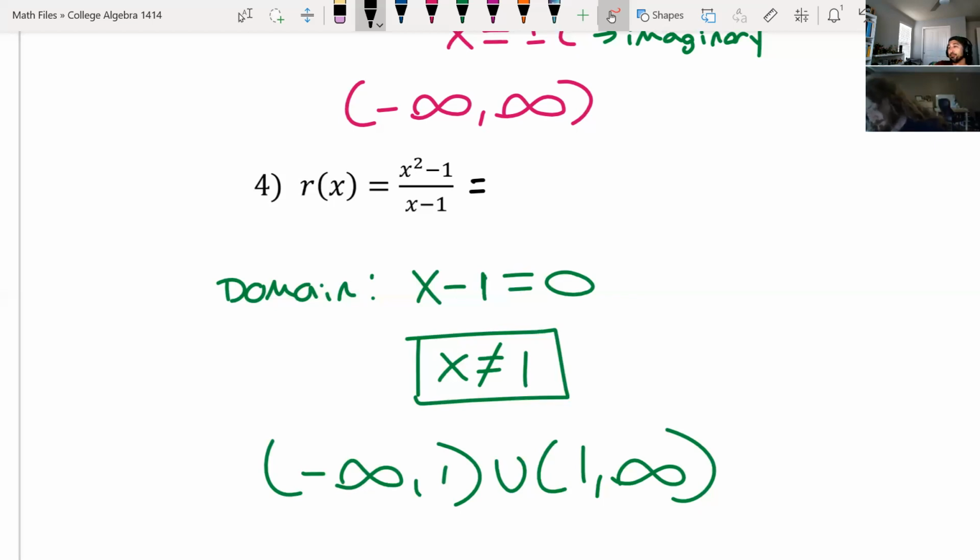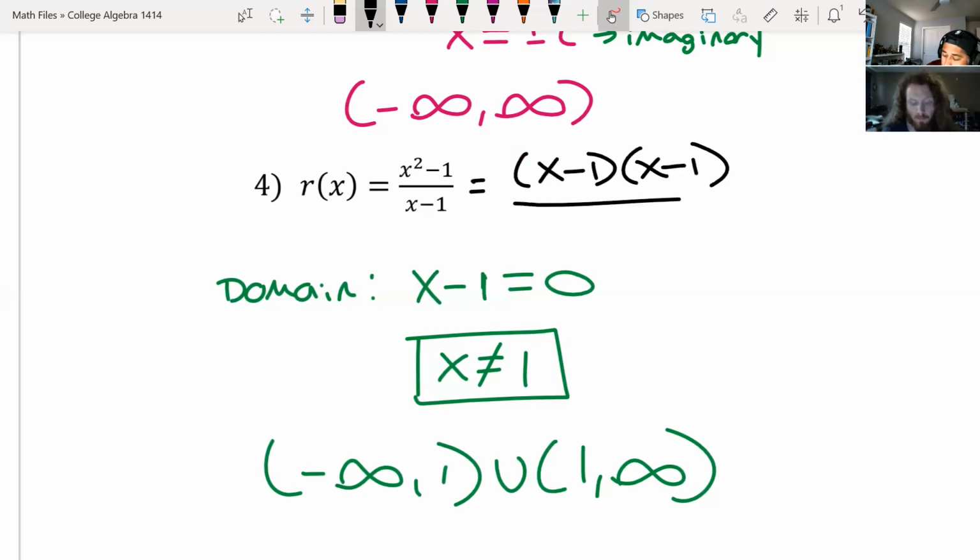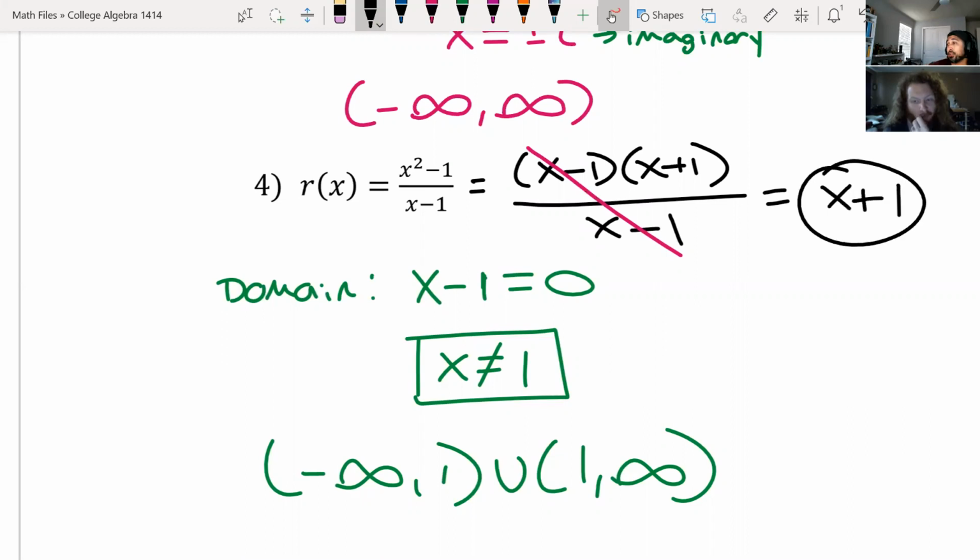Could you factor x squared minus 1? x plus 1 times x minus 1. And now what do you notice? The x minus 1 cancel out. And we're left with the new function of x plus 1. Okay. Does this function still follow the original domain?